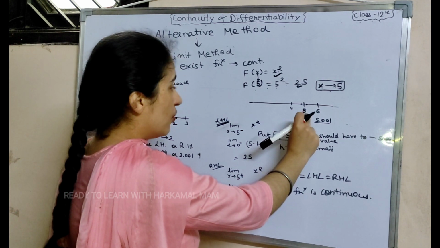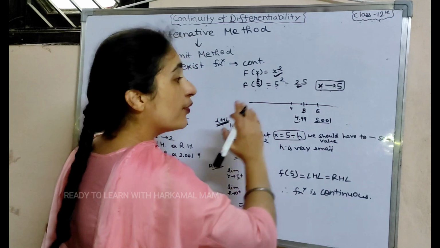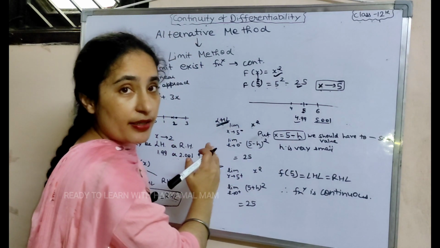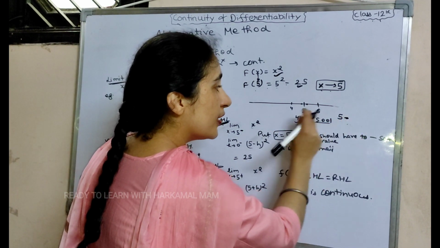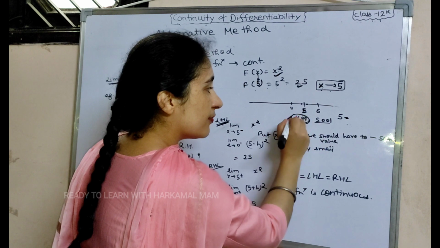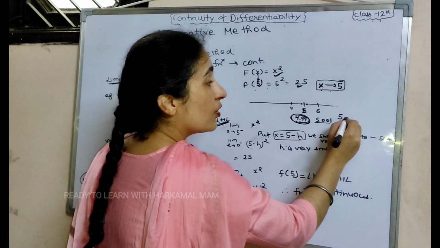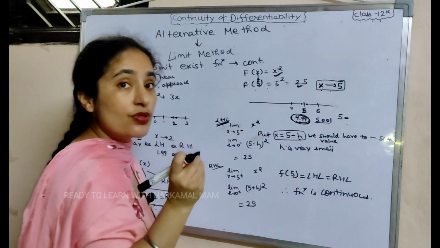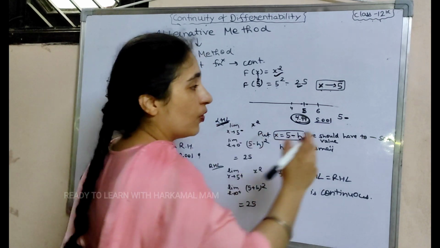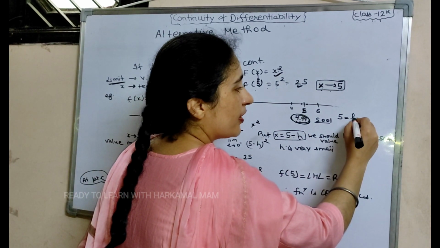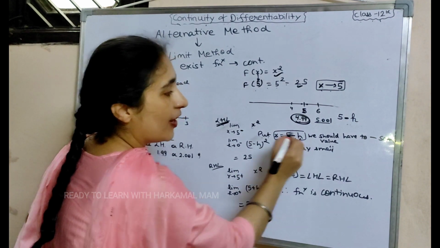If we take the left hand limit, we have to reduce some value from 5 to get this number. This reduced value, which is very, very small, we have taken as h. That's why we put x is equal to 5 minus h.